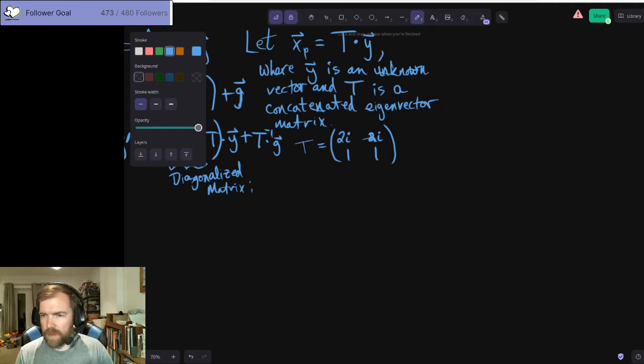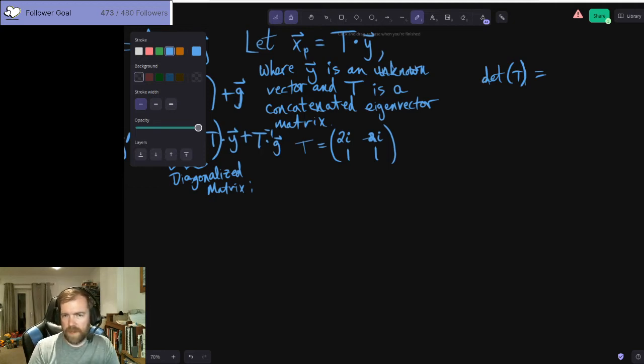Determinant of T is going to be 2i plus 2i, so 4i.